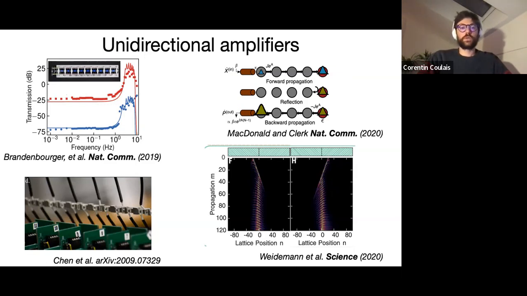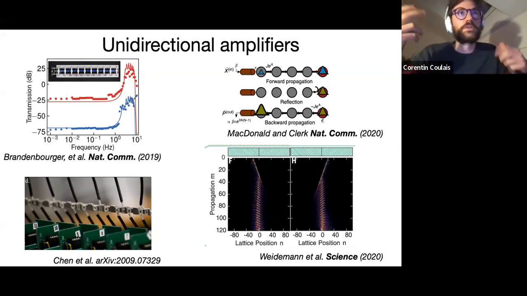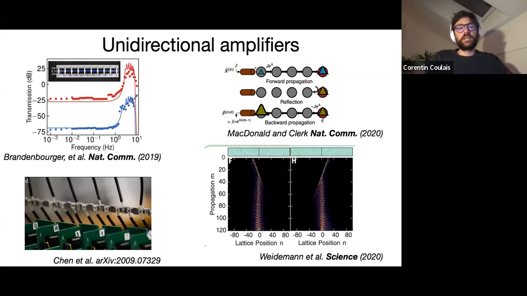Yeah. So what people did, and I think that's along the lines of Aashish Clerk here, what they propose at least is that you can achieve that with what they call bath engineering in a quantum setting. So you have, for instance, optomechanical resonators. In fact, there is a group at AMOLF, of Ewold Verhagen, where they work with whispering gallery resonators. And then what they do is that they engineer the phase.